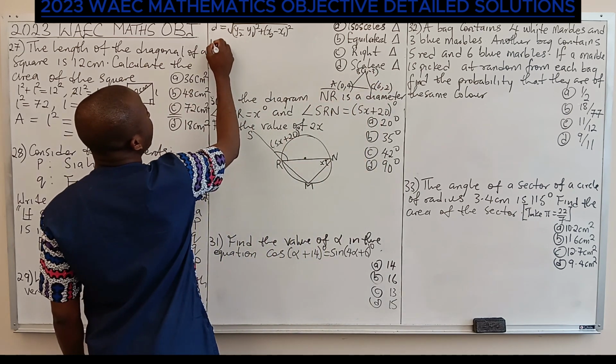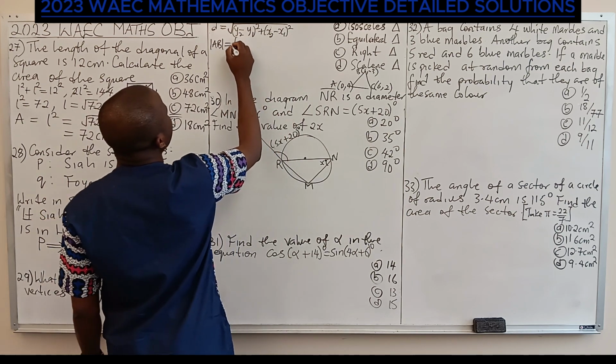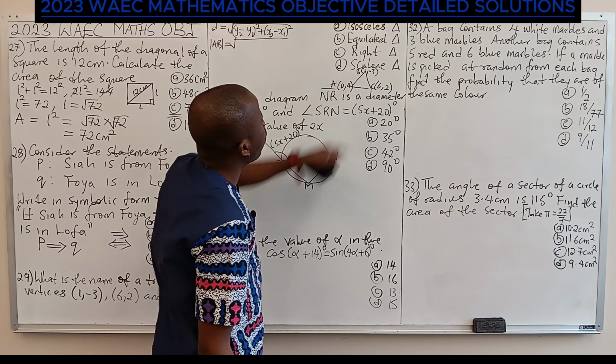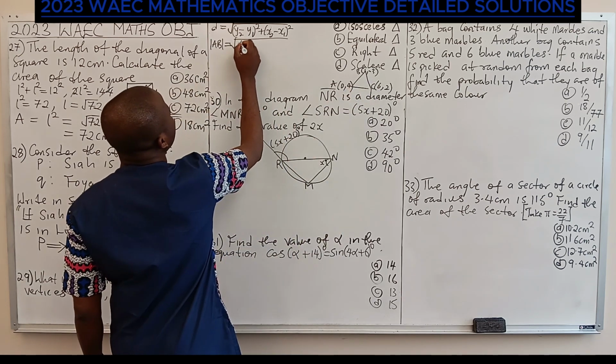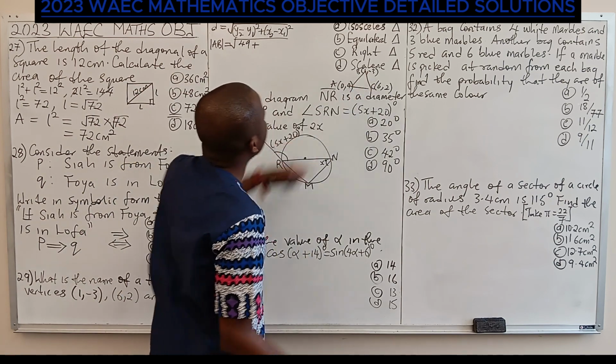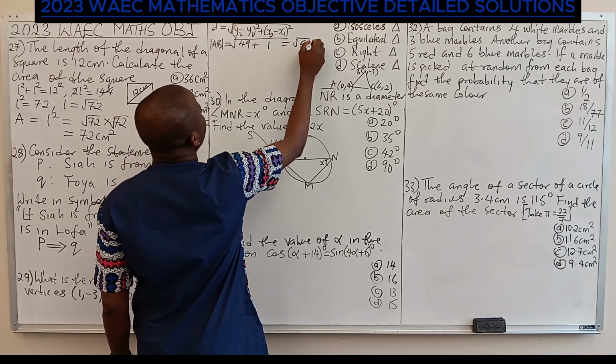So for length AB, we'll have square root of minus 3 minus 4 is minus 7 square, which is 49, plus 1 minus 0, which is 1 square. And this is square root of 50.